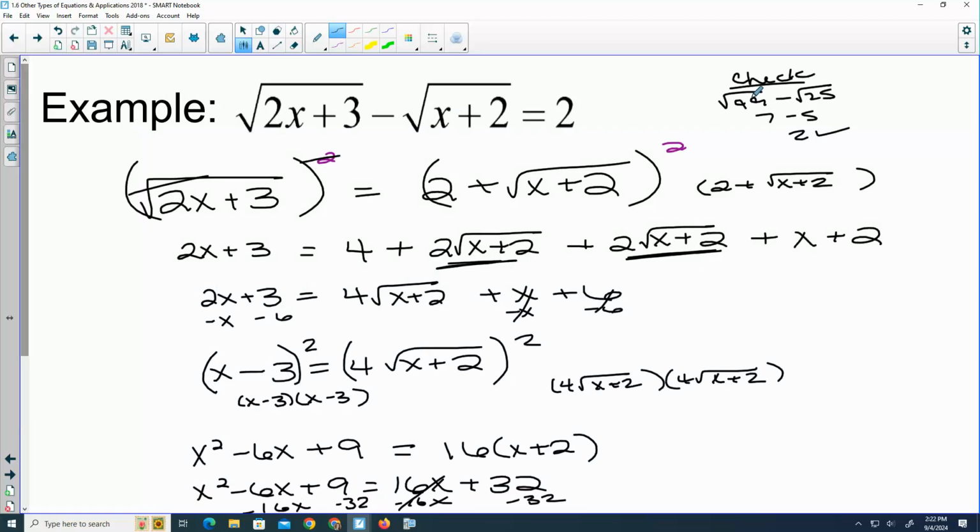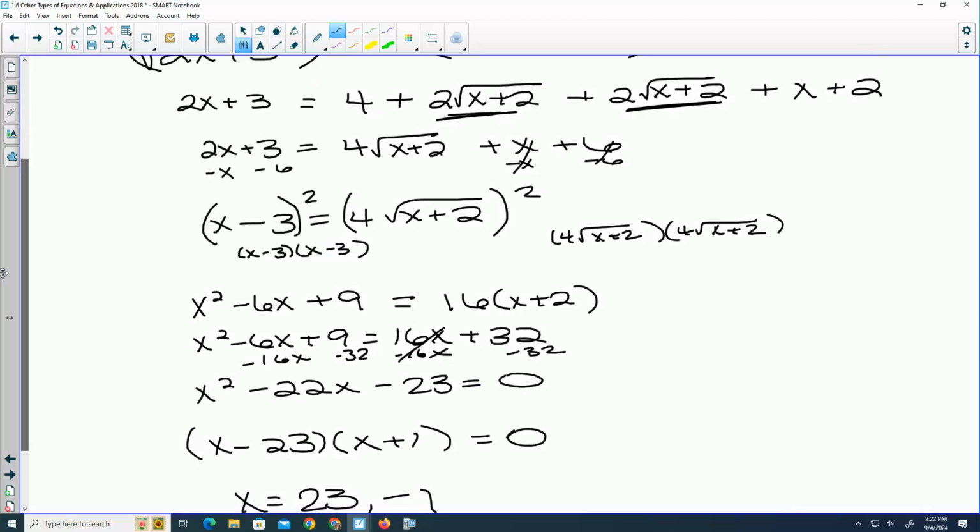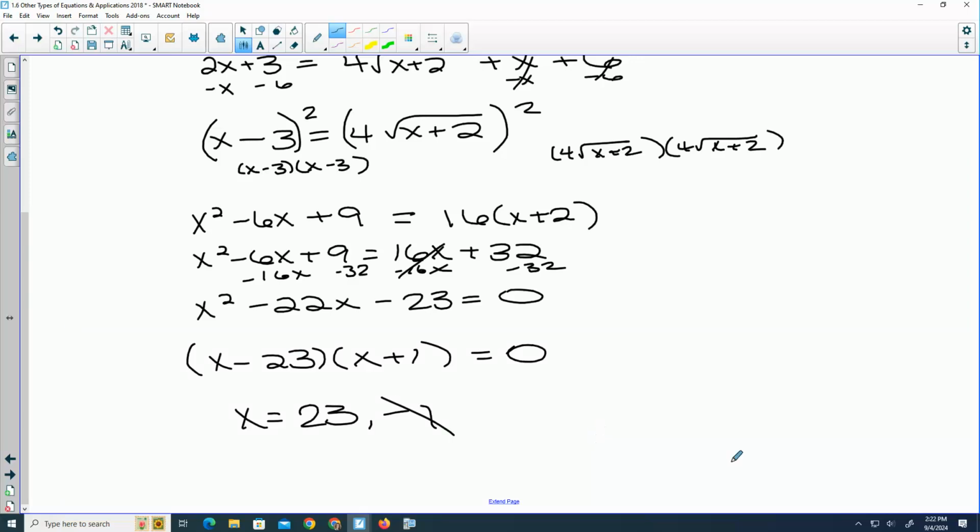My other answer was -1, so if I put in -1, I get the square root of 1 minus the square root of 1, and 1 minus 1 is 0, so that one does not work. So my only answer is 23. That's my solution.